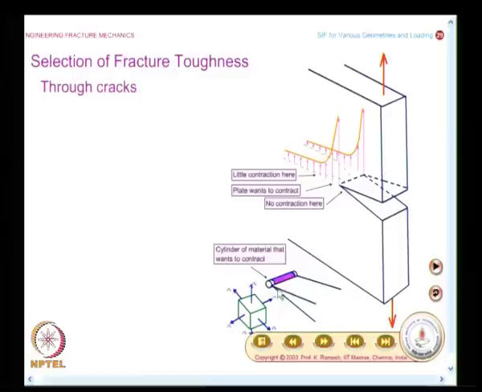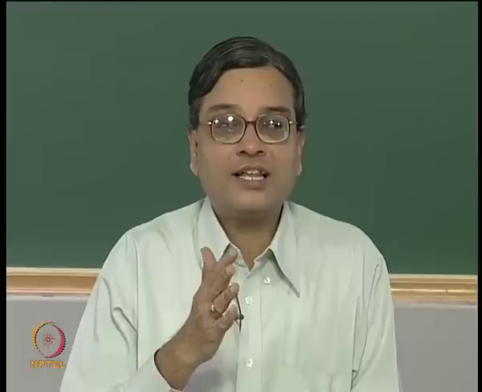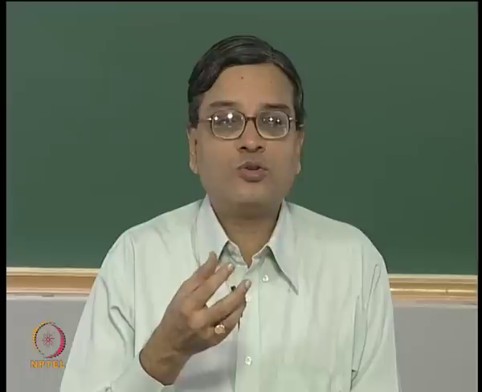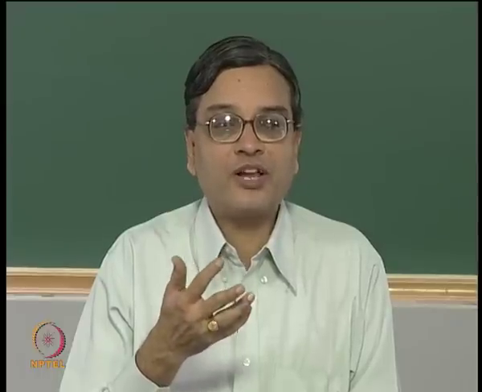And if you look at the strain, strain will be 0. If you look at the stress, it will be nu times (sigma x plus sigma y), and because of very high localized stresses, you will have essentially plastic deformation at the crack tip. So, when you have plastic deformation at the crack tip, it is prudent to take the Poisson ratio as 0.5.